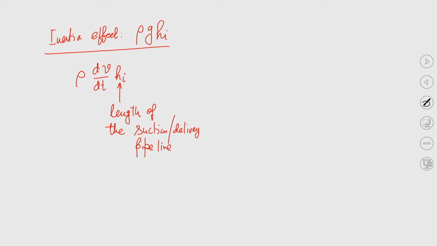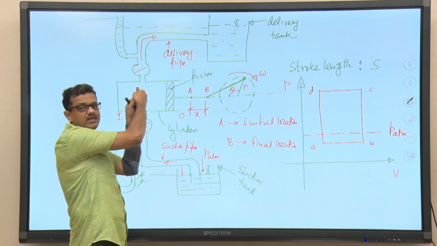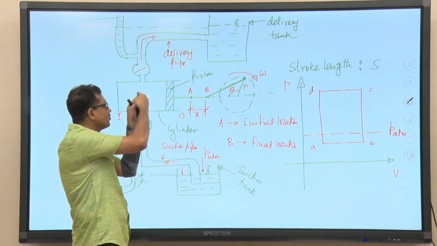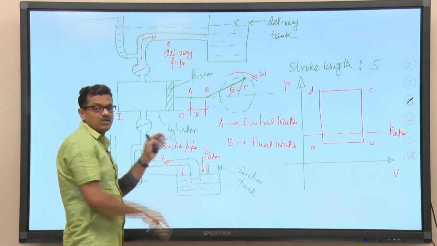Try to understand what I said: at the beginning of the suction stroke, we are expecting that more vacuum will be created inside the cylinder and pressure will fall further, and that is because of the inertial effect.